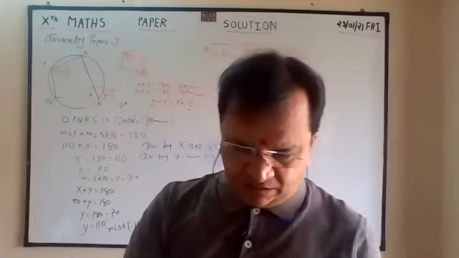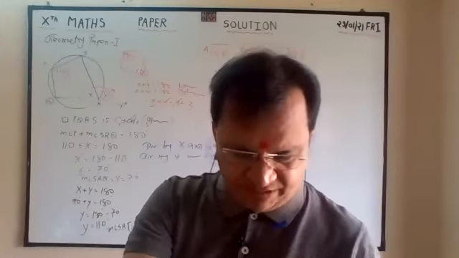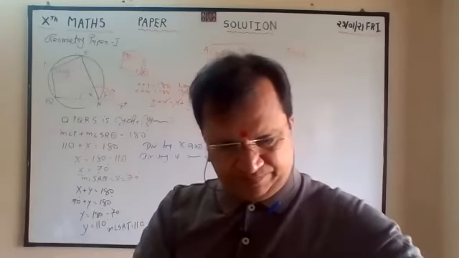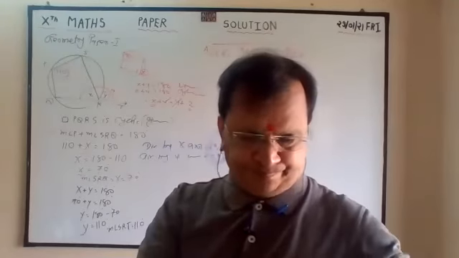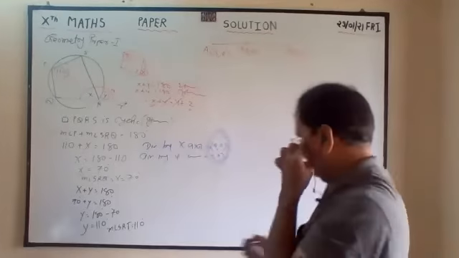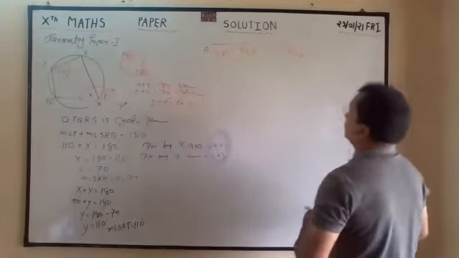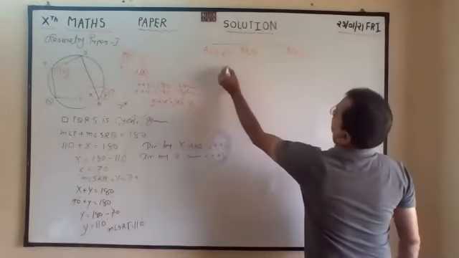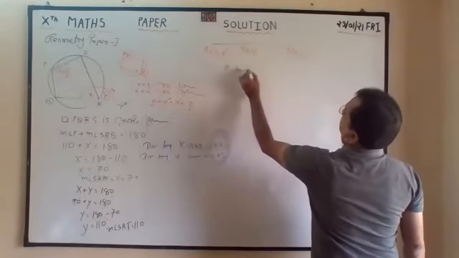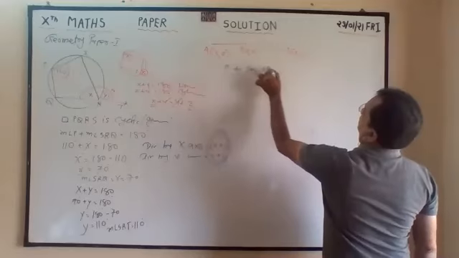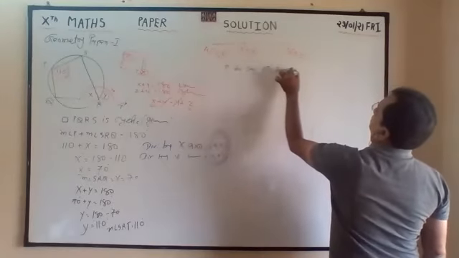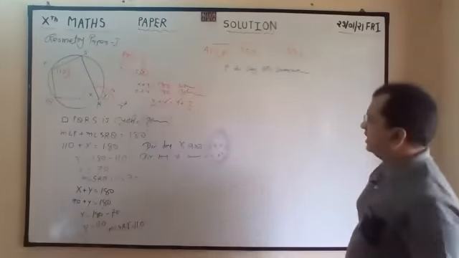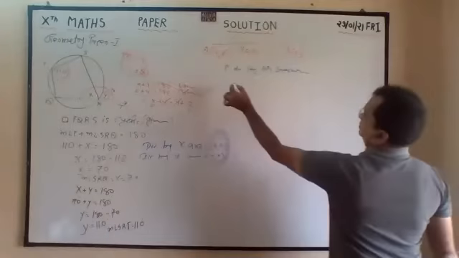Now, by internal formula method, we can complete this. P divides segment AB internally, because externally that is not in your syllabus.